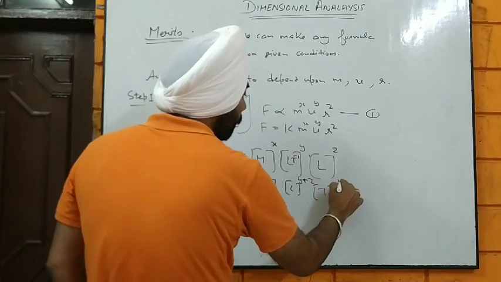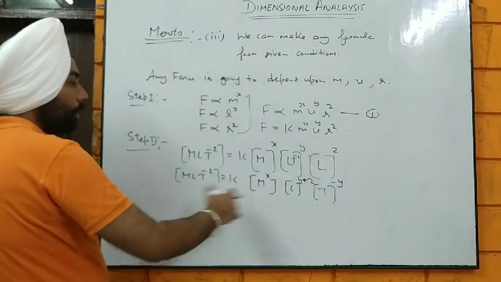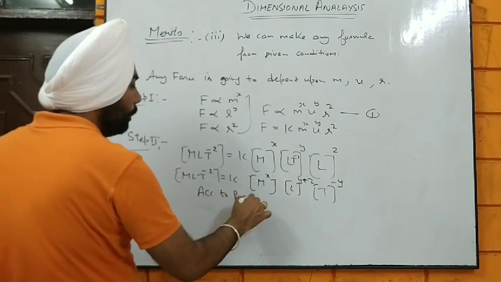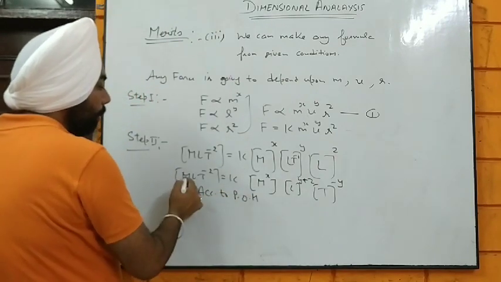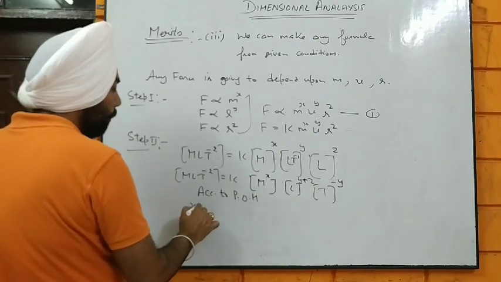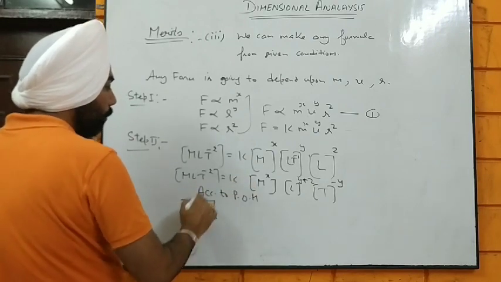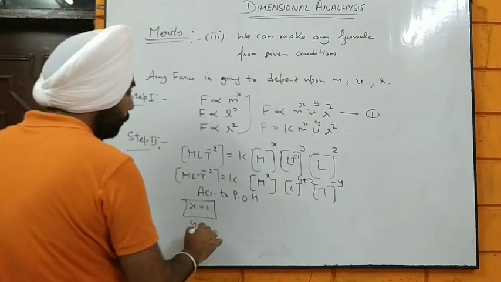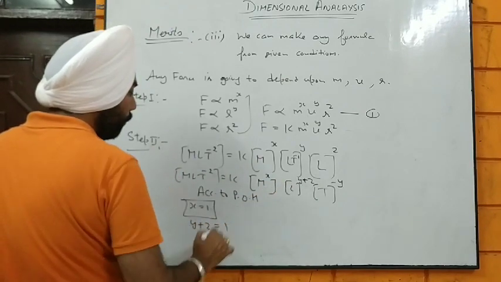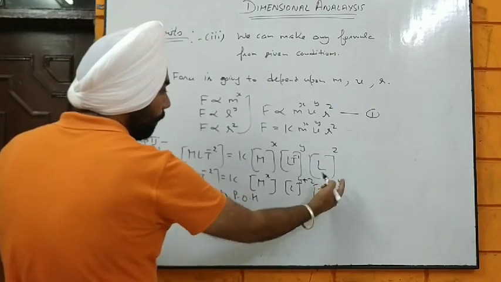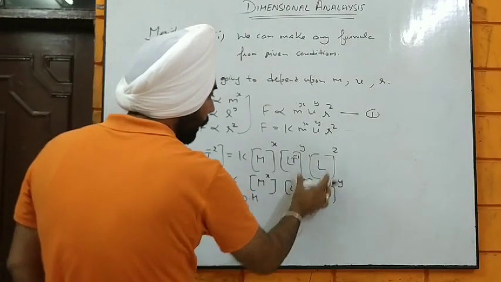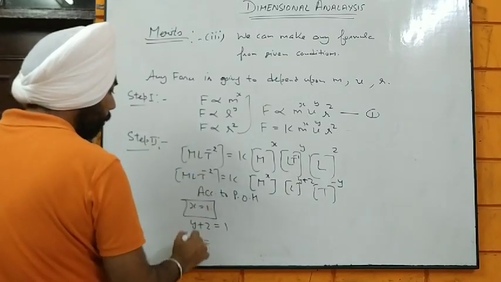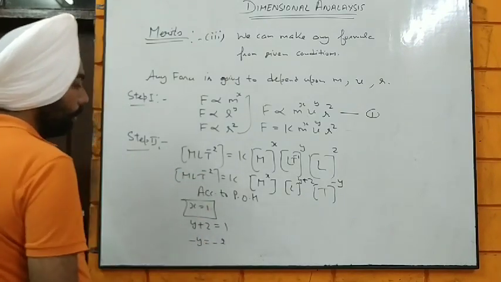Now the time is having the power of minus Y. Just according to the principle of homogeneity, the powers are going to be equal, which means x is always going to be equal to 1. Now L is having 1 here, and L is having y plus z, which means y plus z is equal to 1, and T is having the power of minus y, so minus y is going to be equal to minus 2.